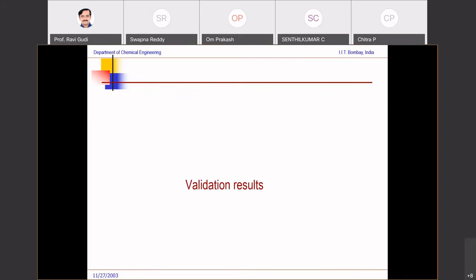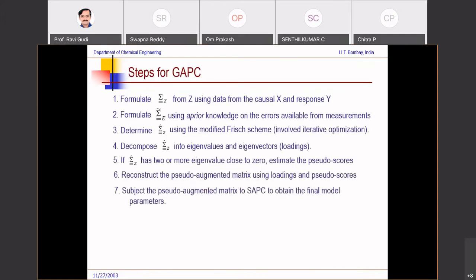So this is something that I wanted to tell you in terms of how we do the error analysis and how we extend what we know in terms of ordinary least squares and total least squares. Total least squares assumes that the noise variances are all equal, and so you can use a singular value decomposition or eigenvector decomposition, subtract the noise variances from X transpose X or Z transpose Z, and from that you are able to get the parameter vector.